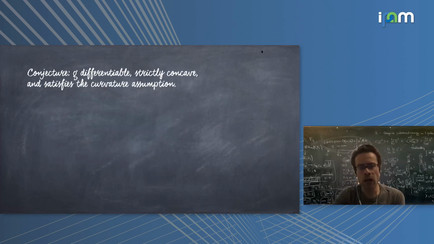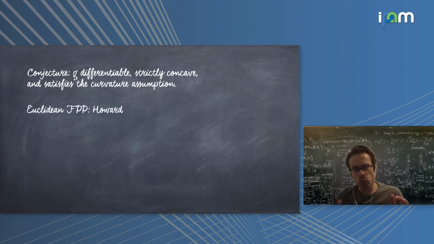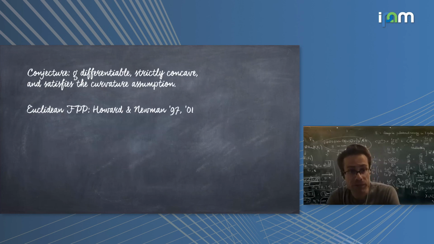So what are models where you could verify this assumption? Well, in standard first passage percolation, there aren't any lattice models, but there's a model that has certain symmetry, called Euclidean first passage percolation, and there you can just check. You get that the shape is actually a sphere and it's strictly concave, and the curvature assumption is satisfied.